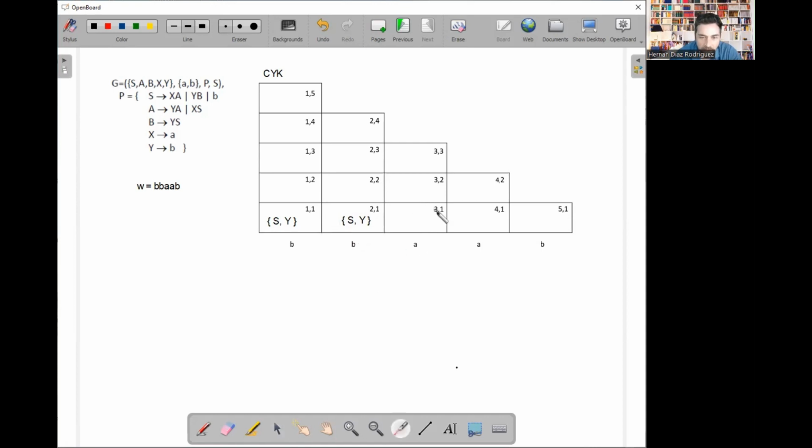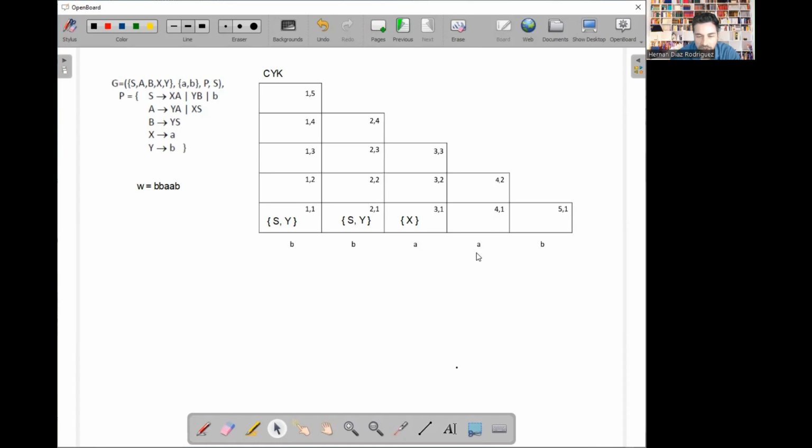For the third cell, we put ourselves in the third character, which is lowercase a, and we try to produce one character. So we look into the production rules and we see that the only rule that can generate lowercase a is x. So in this case, we type x here.